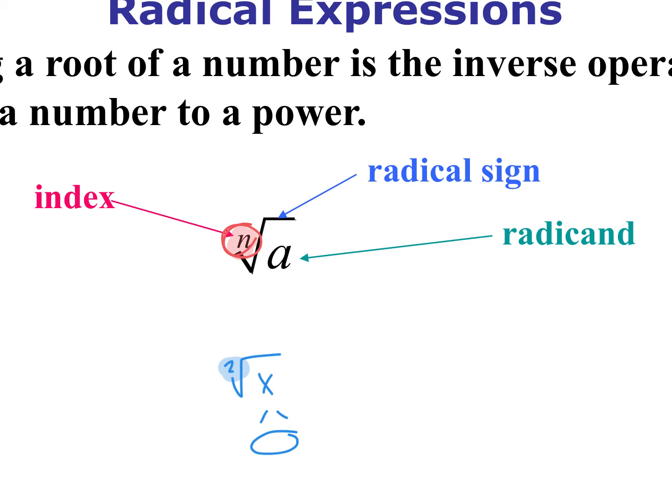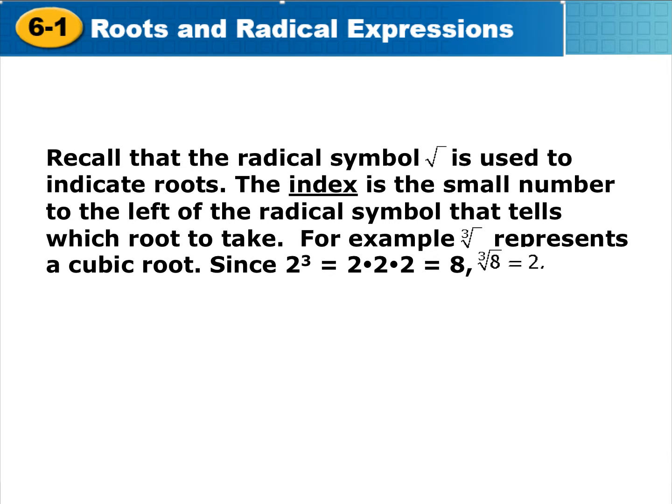We have the radical sign, which is just this root, and then the radicand is what's underneath it. So just vocab, nothing to worry about right now. So recall that the radical symbol, this guy, is used to indicate roots. The index is the small number to the left of the radical symbol that tells which root to take.